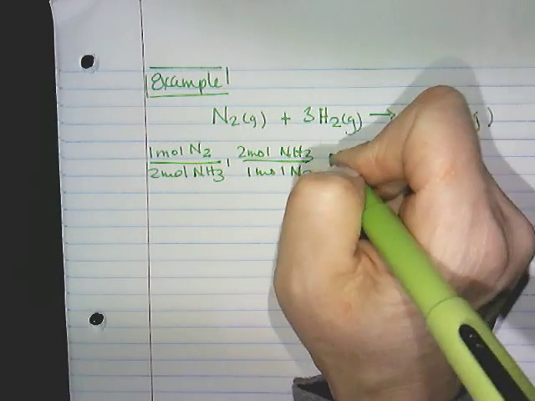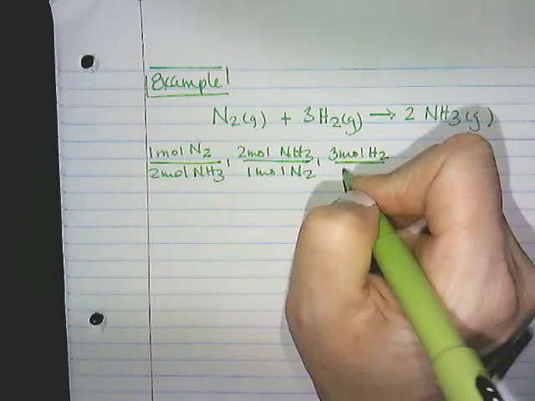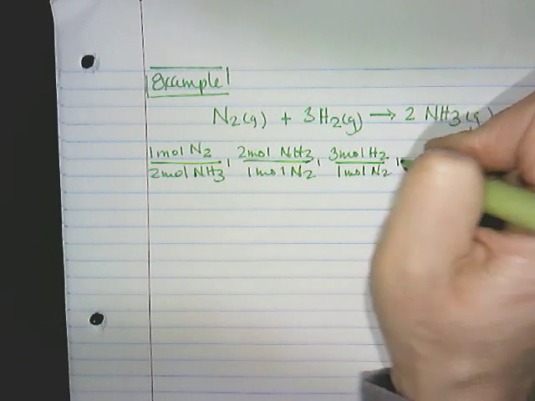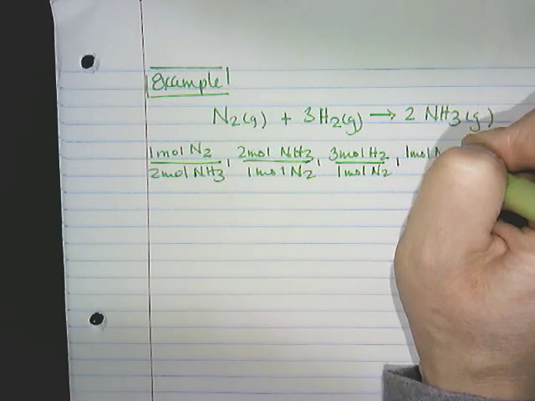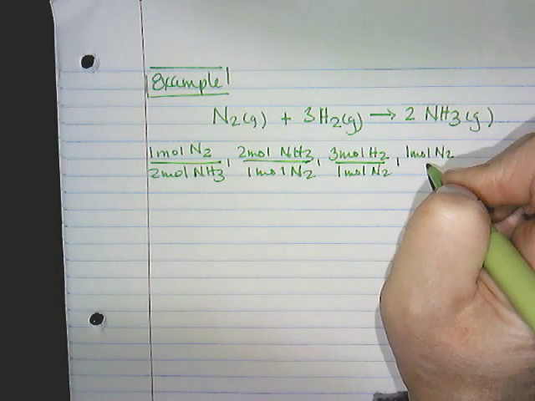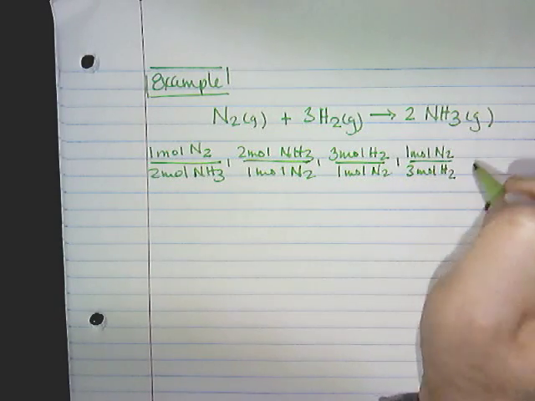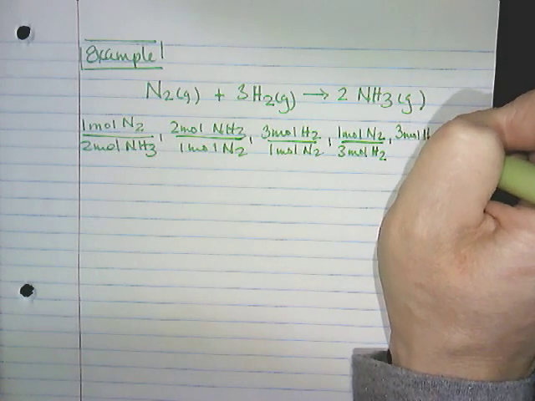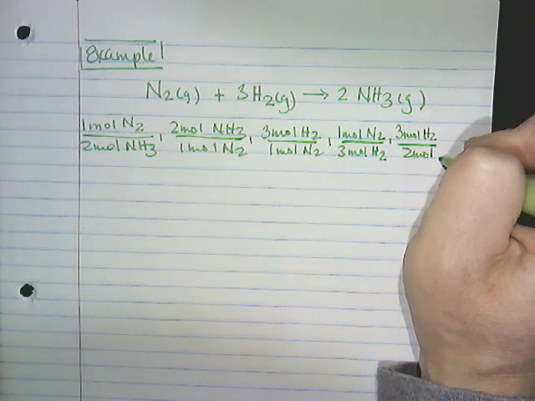And we've got 3 moles of H2 to 1 mole of N2, and 1 mole of N2 to 3 moles of H2, and then 3 moles of H2 to 2 moles of NH3.